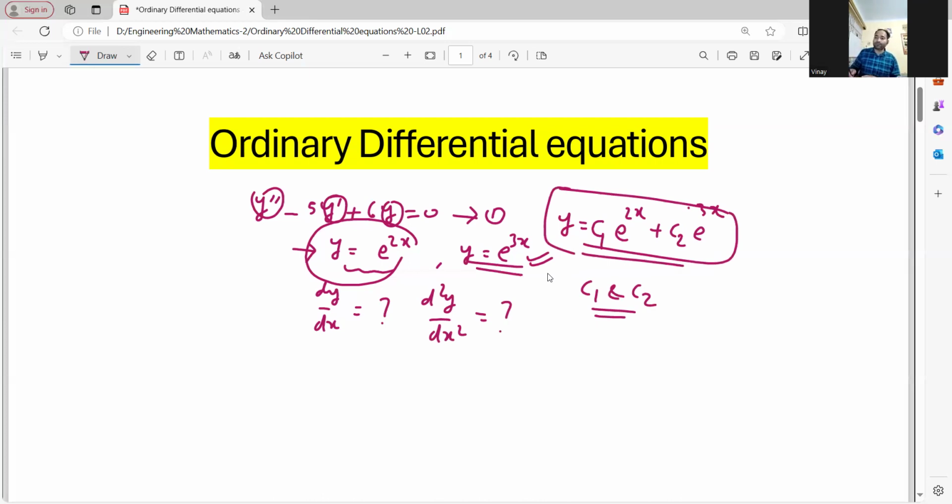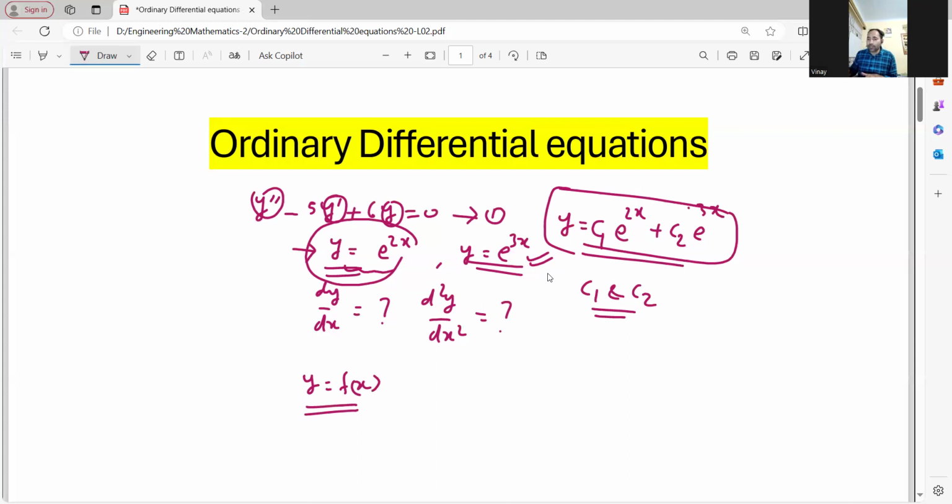All right. Now, there would be a time when you won't be able to write these functions as a separated function, for example, an explicit function y equal to f(x). Here I was able to write y equal to f(x).